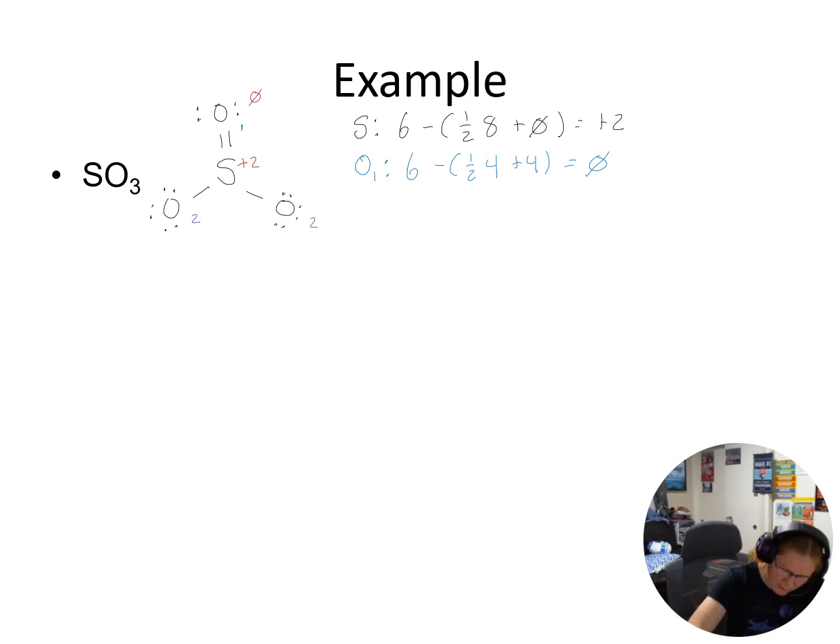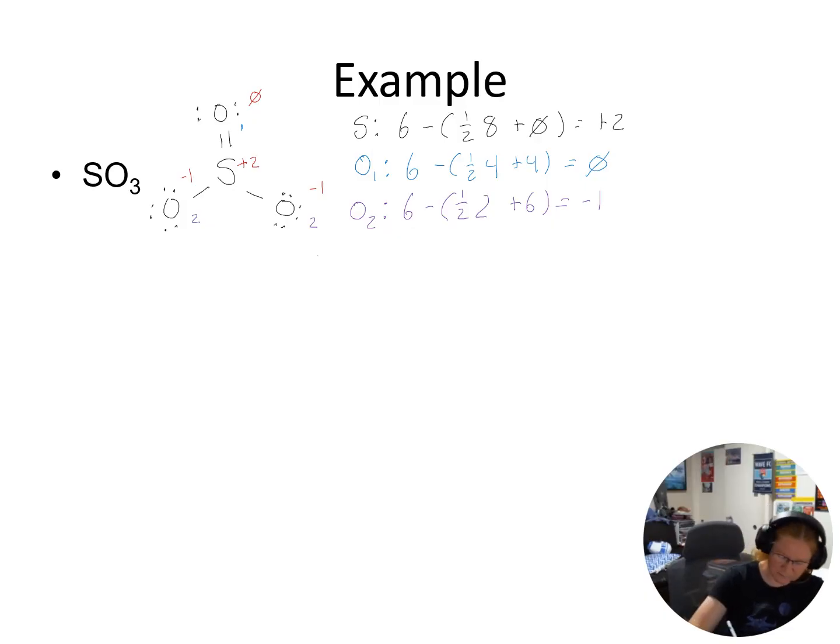Okay, and then my second type of oxygen, 6 valence electrons minus 1/2 of 2, because I just have a single bond there, so 2 electrons, and then plus 6. So 6 minus 7 gives me -1. So each of these has a -1. Now sulfur trioxide is a neutral compound. -1, -1 plus 2, and a 0 gives me 0. This is not a very happy structure, though. That's a lot of formal charge.